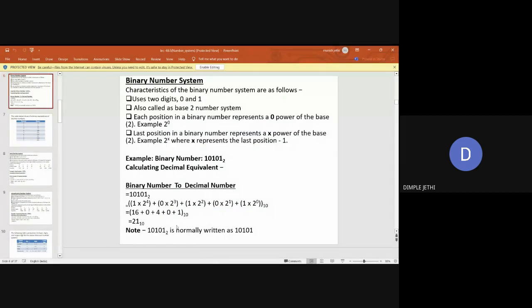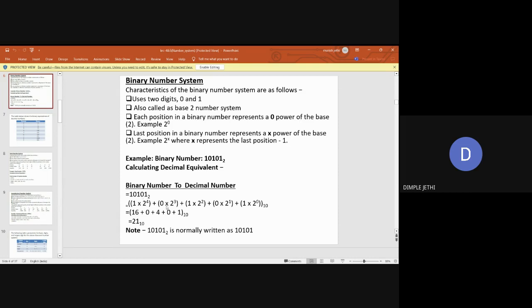Just see. For this first one, this 1 is multiplied by 2 raised to power 0, right? So 1 into any number raised to power 0: any number raised to power 0 is 1. So 1 into 1 is 1.